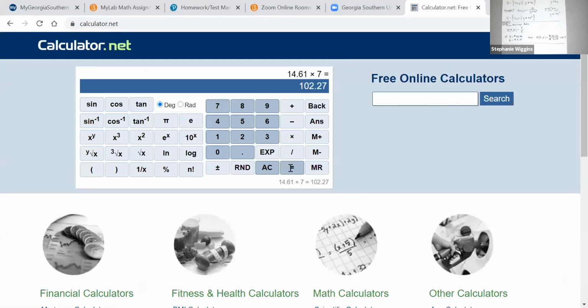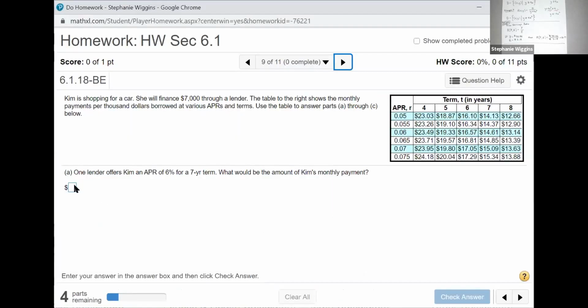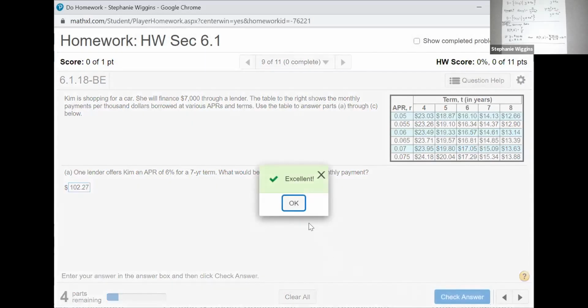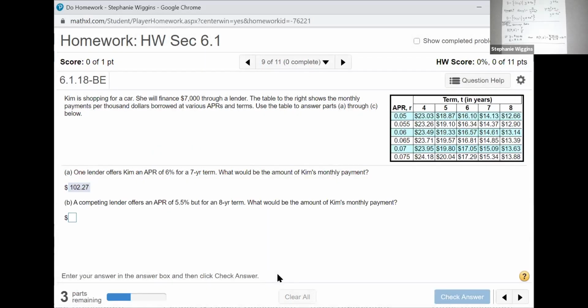So her monthly payment is 102.27. Okay, and I'm going to go back to my other screen here and put in 102.27. Okay, so that's part A.